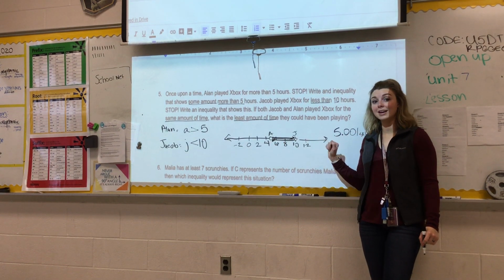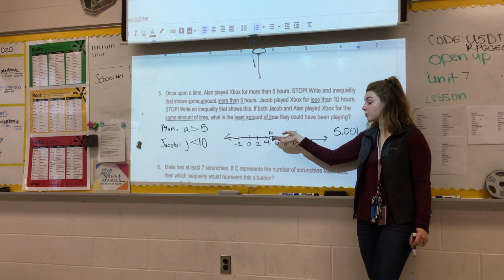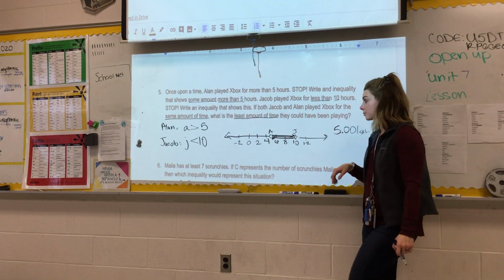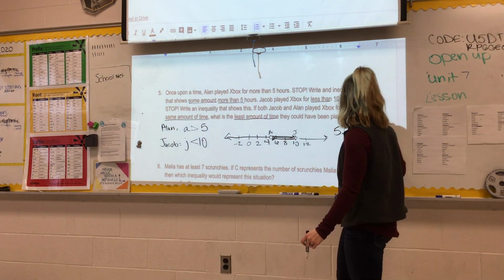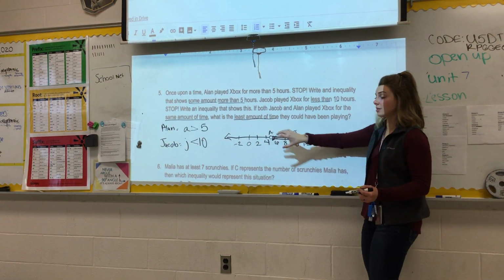So what would an inequality be that could show that they played for 5 hours and the littlest of 1 second? It would basically just be a double inequality, and it would represent the same thing.